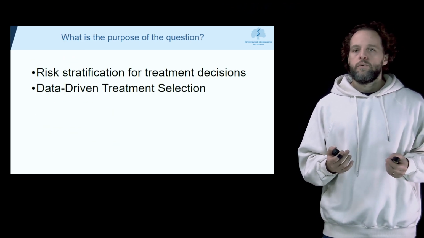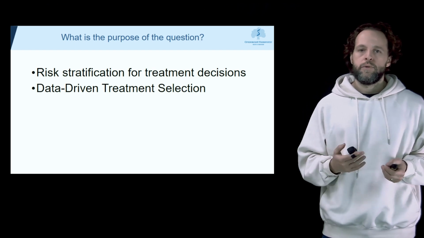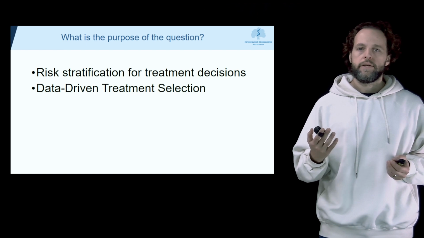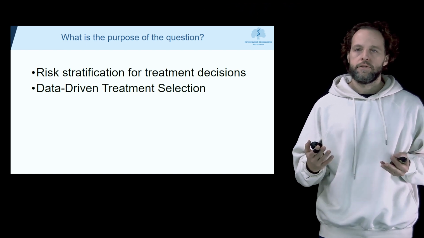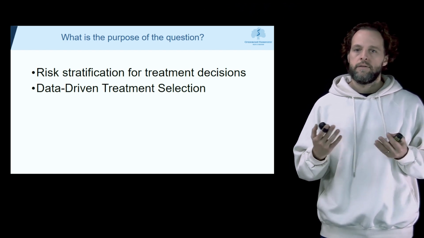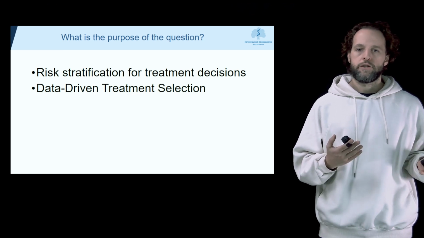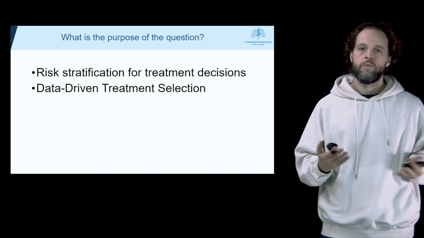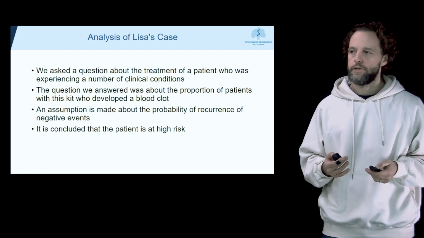So we always ask questions to achieve two main goals. It will be risk stratification for treatment decisions and data-driven treatment selection. So we will need to decide, do we need treatment at all, and which treatment is the best for the patient.